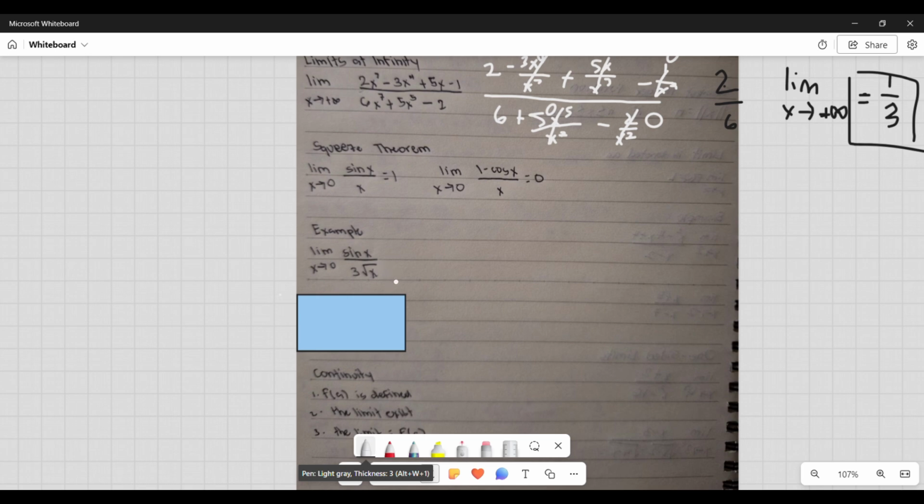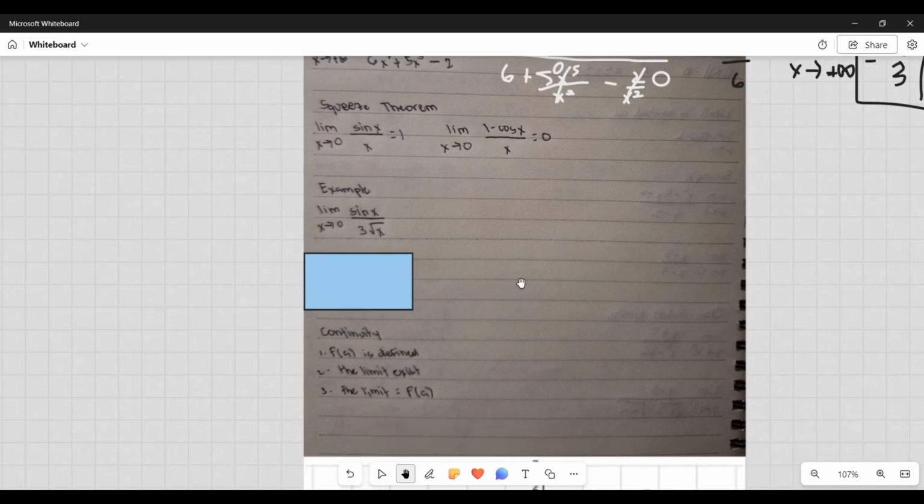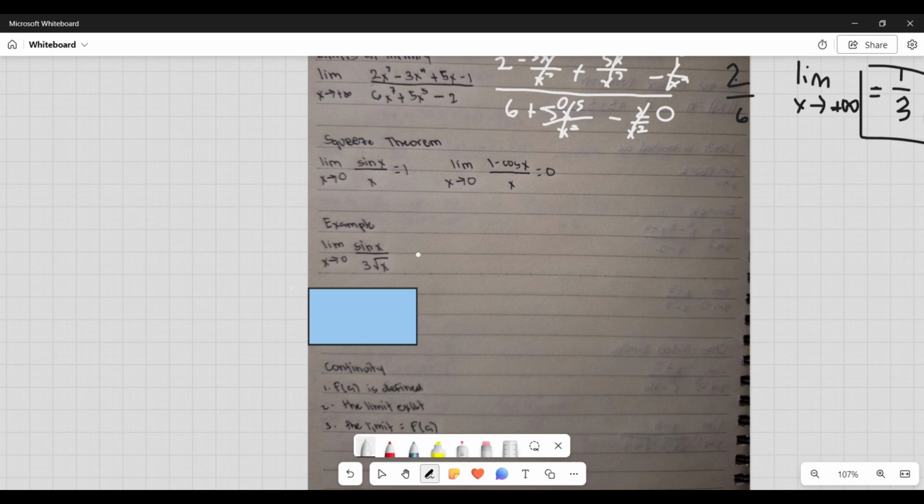We can see here the answer is going to be 0. Well, I can say that because if we are trying to find this, we need to have an x numerator and the x denominator, and the x is stuck in that square root sign, so we need to multiply it by x over x.